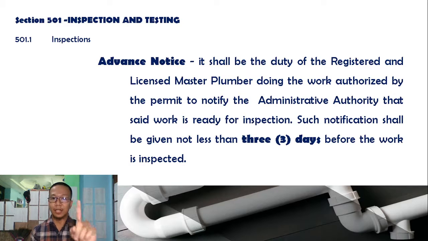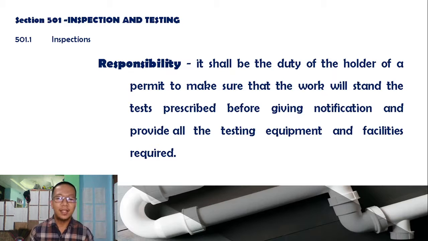Take note of that 3 days. Responsibility: it shall be the duty of the holder of a permit to make sure that the work will stand the test prescribed before giving notification and to provide all the testing equipment and facilities required.